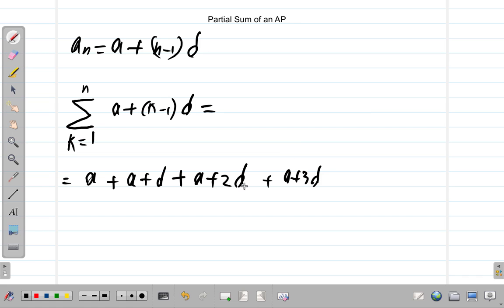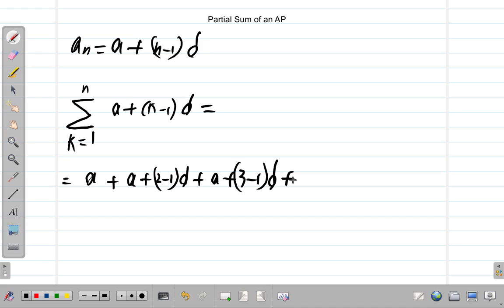But here, instead of saying a plus 2d, a plus 3d, we're going to write the number minus 1d. So we have a plus 2 minus 1d plus, then a plus 3 minus 1d plus, and so on and so forth.